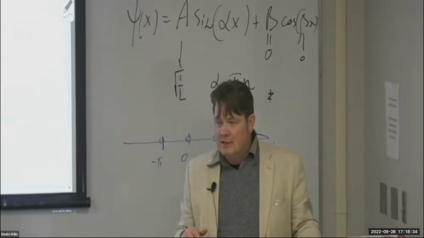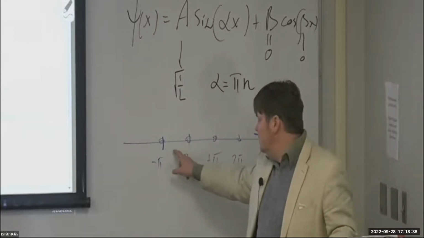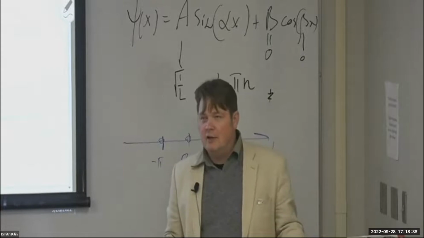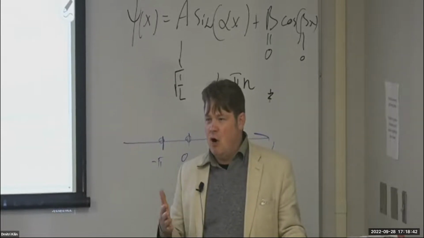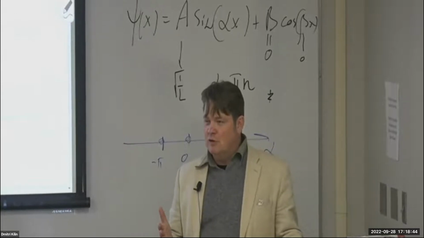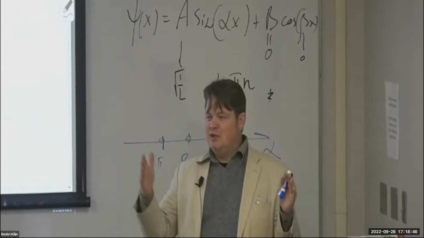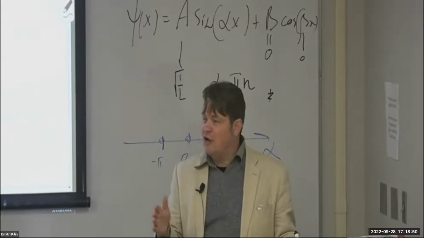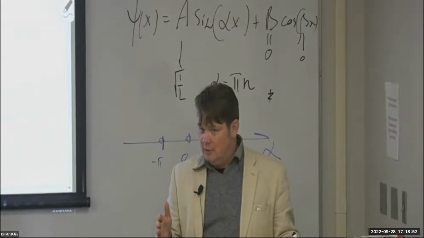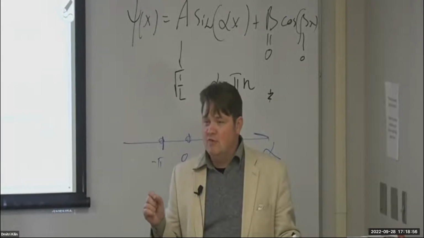And the fact that only integer numbers are allowed would correspond, in real life, to our cars being able to travel only at 10 miles per hour, 20 miles per hour, and physically not being able to go fractional. So only discrete values of the velocity.